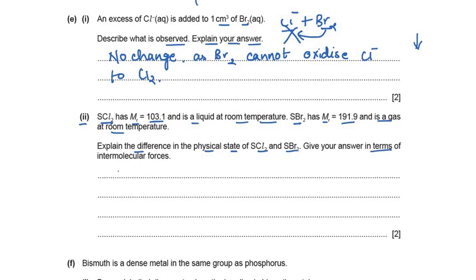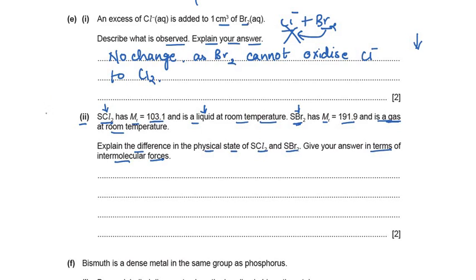Give your answer in terms of intermolecular forces. Now if we are talking about intermolecular forces, we can see that SCl2 is a liquid and SBr2 is a gas. That shows that the intermolecular force in the liquid should be greater than the intermolecular force in a gas. That is a common concept.